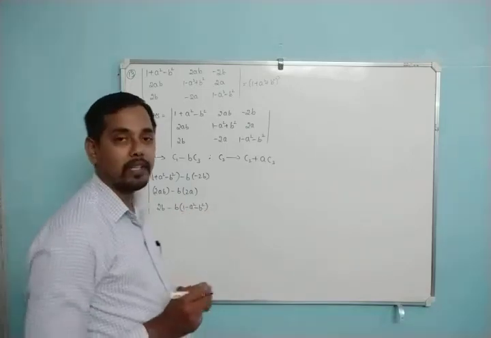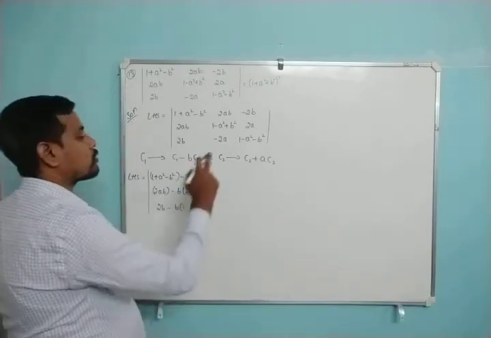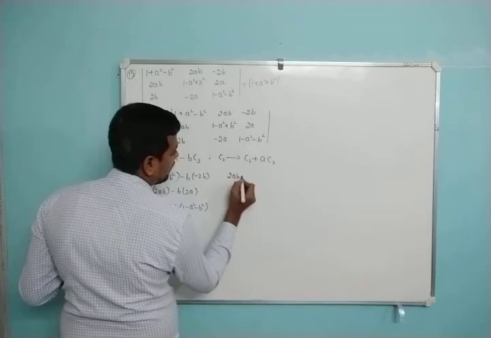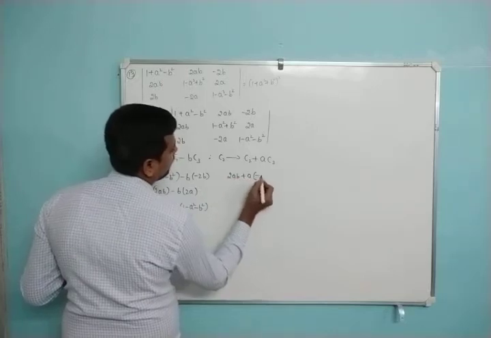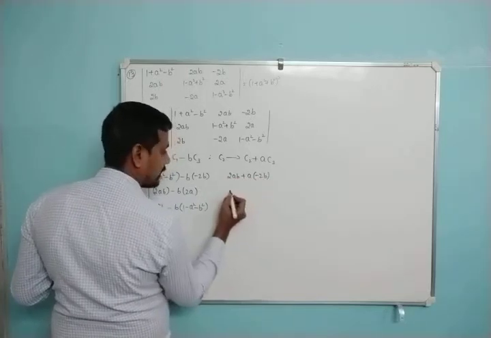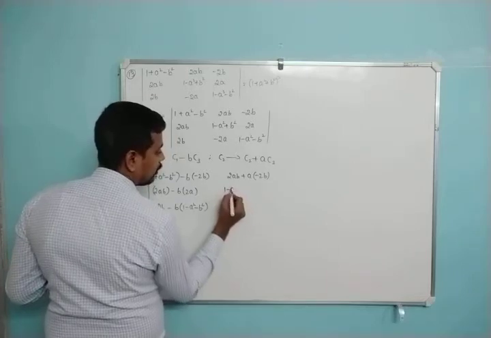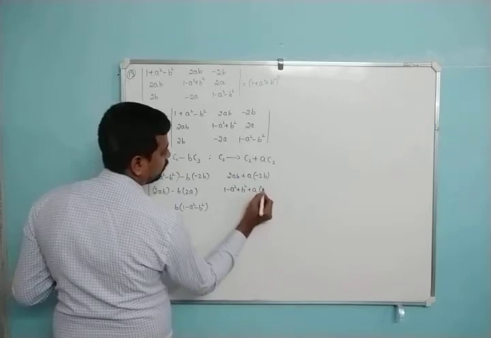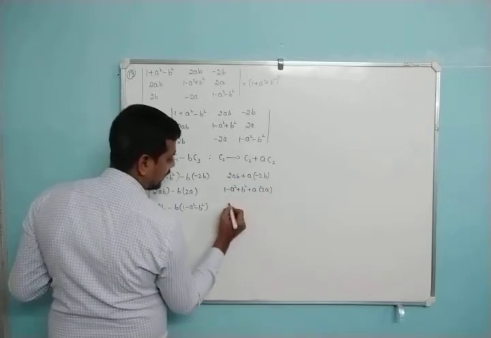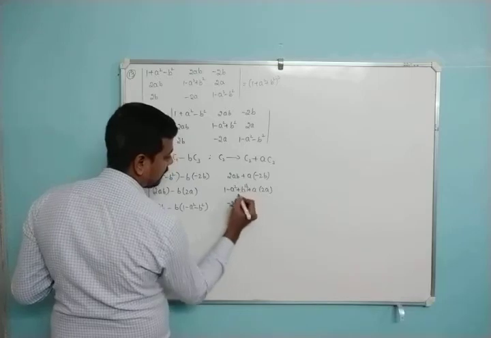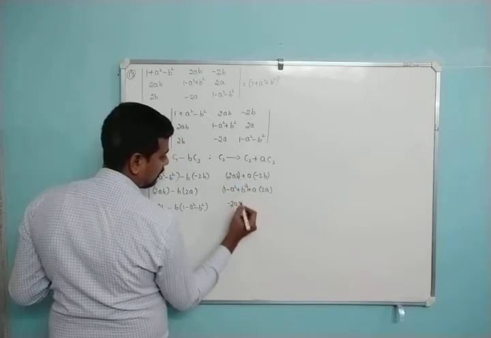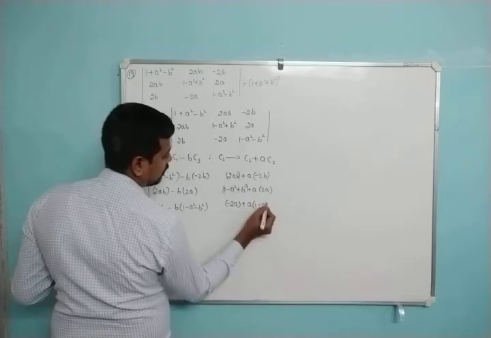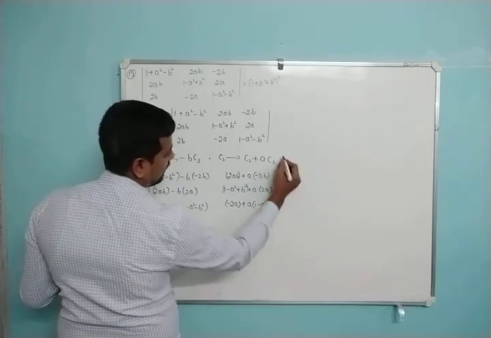This was about C1. So what happens to C2? C2 changes to C2 + a·C3. Right? 2ab plus a into −2b. And here 1 − a² + b² plus a into 2a. And here −2a plus a into (1 − a² − b²).